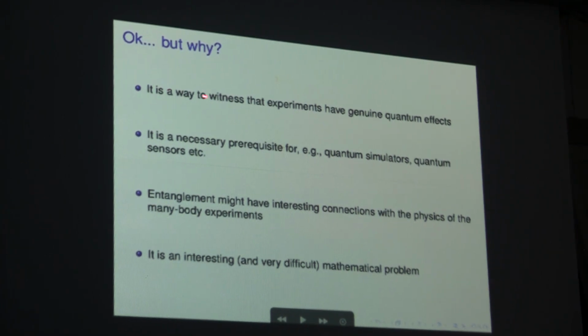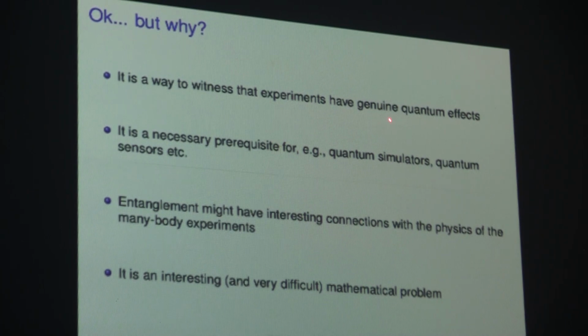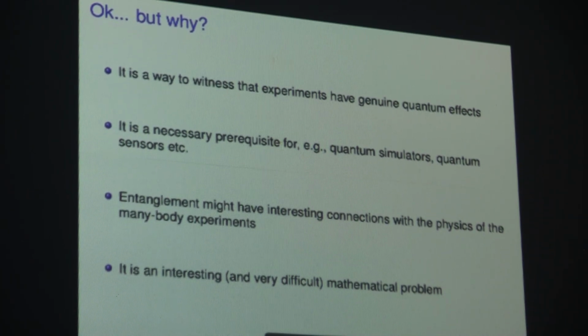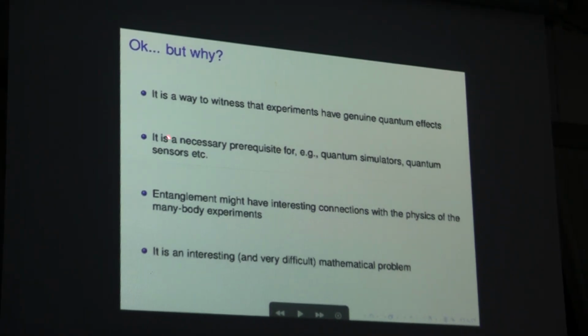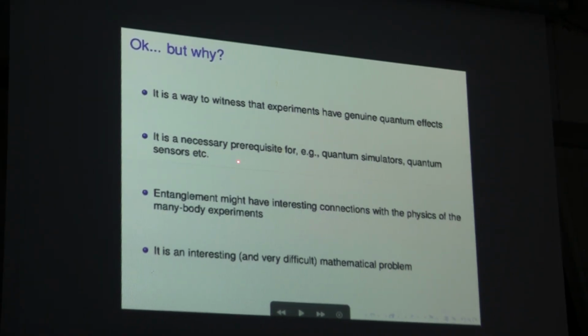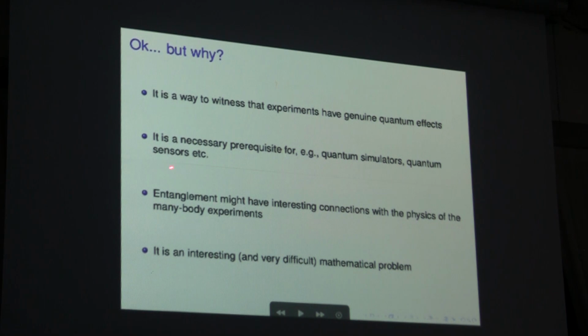So first of all, it's one way to witness that in experiment you have some genuine quantum effects. I think this is more or less accepted now. And it has been discovered that it's somehow a necessary prerequisite for many technological applications like quantum simulators or sensors or other things.